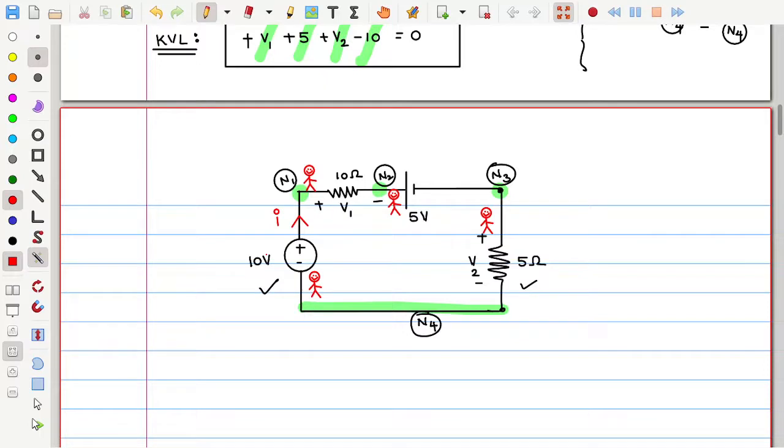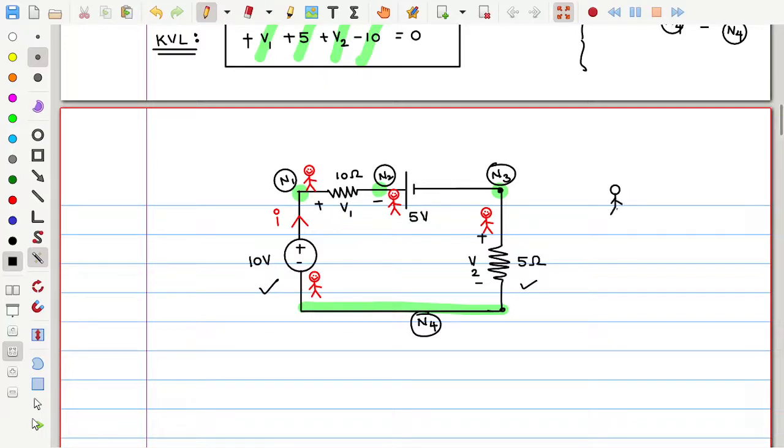Now, how does this current flow in the circuit? You can imagine that this person is going traveling.